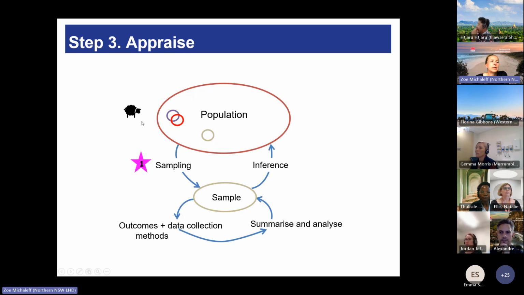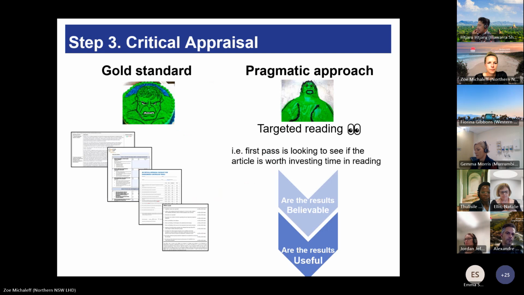So again, if you're collecting black sheep, that sample of black sheep is not likely going to be applicable to that larger population. You want to make sure that the sample comes from within the population you wish to apply the results to. And the second source of bias comes from the outcome measures that the researchers use and the procedures or how they go about collecting that information from the participants.